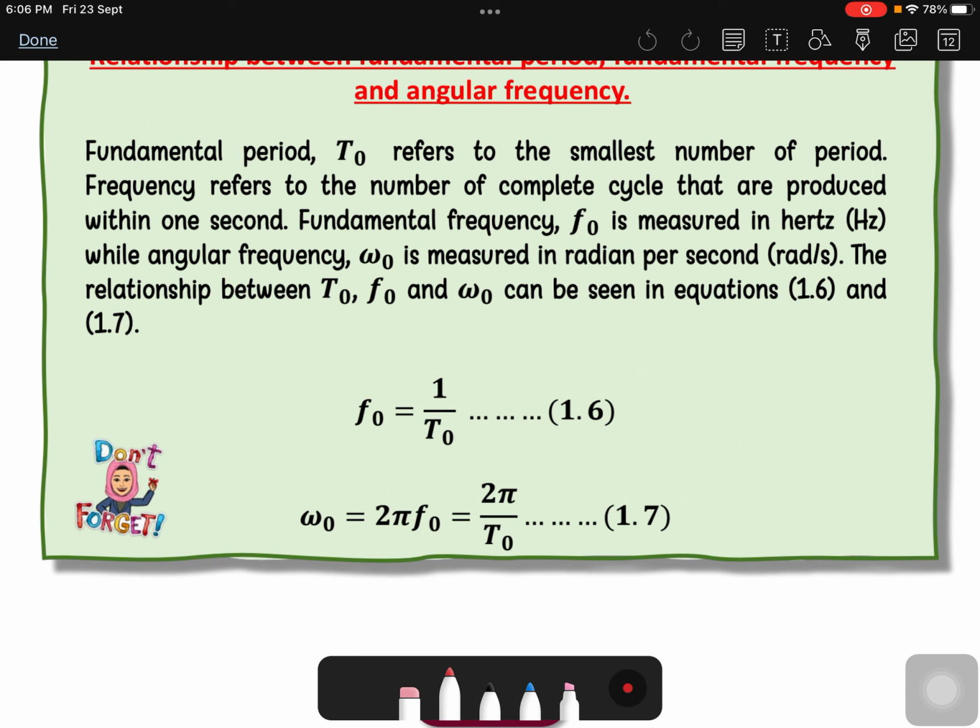Equation 1.6 gives you the relationship between the fundamental period and the fundamental frequency, while equation 1.7 gives you the relationship between angular frequency and fundamental frequency as well as fundamental period. So now let's use equation 1.7 to relate omega naught and F naught, so that I can calculate F naught.